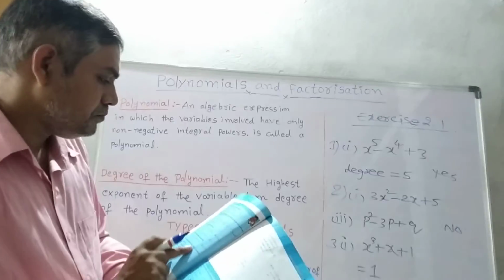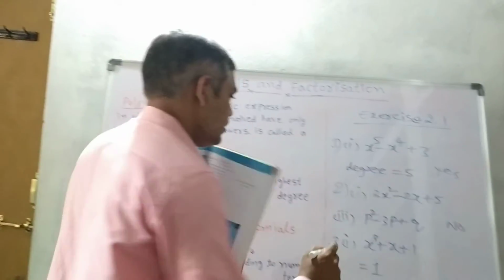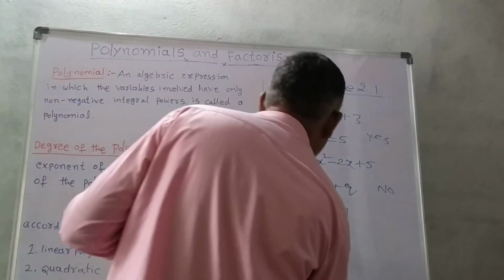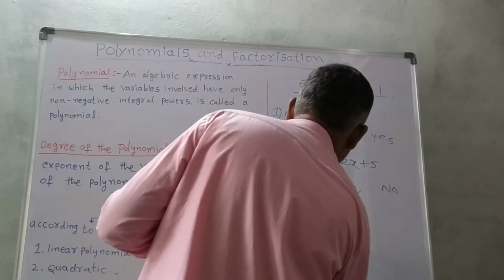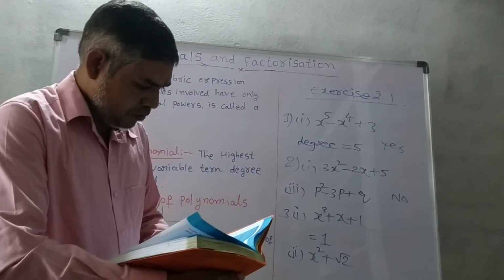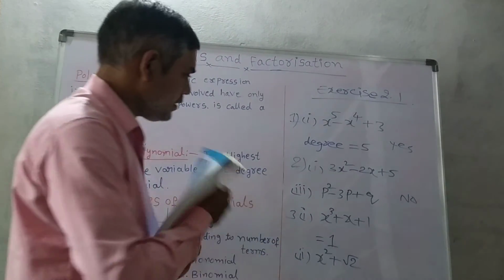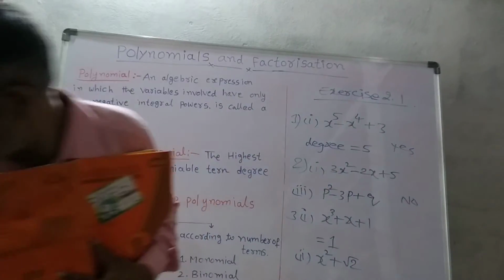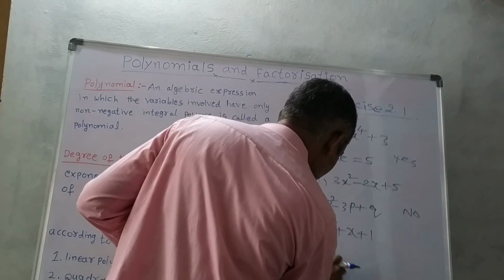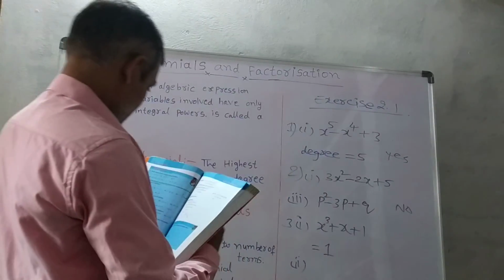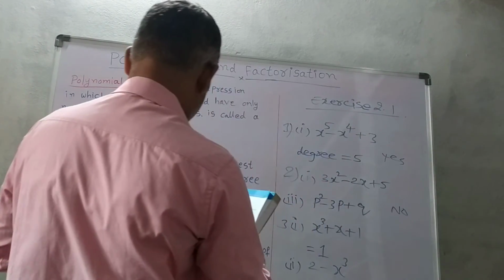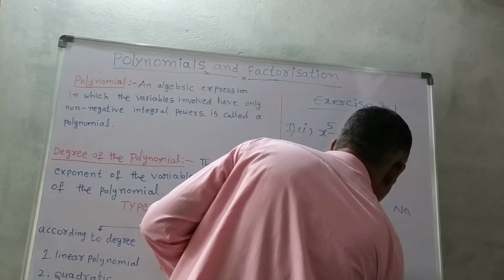Next, second example, bit number 3, question number 2. x square plus root 2. In this example, the coefficient of x cube. Two minus x cube plus x square.